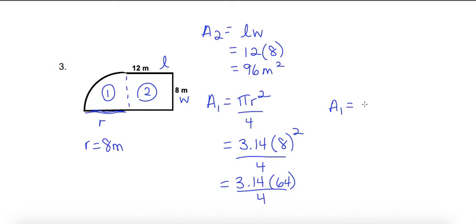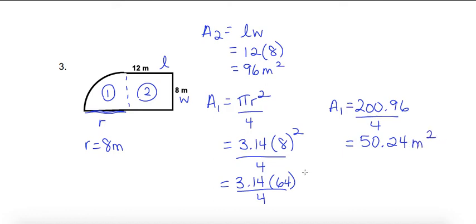That gives me a value of 200.96, and I'm going to then divide by 4, which gives me an answer of 50.24. And my units are meters squared.